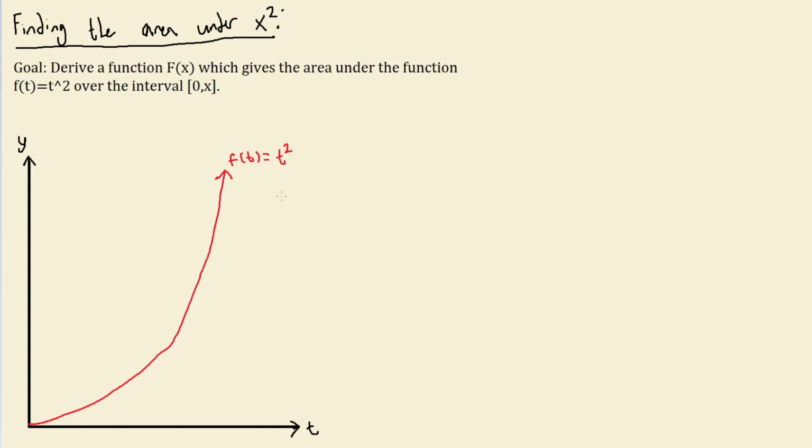In order to do this, I'm going to consider some general x value here as an input into this function. And what we want to do is find the area under this function, f of t is t squared, up until this point x on the x-axis, just as we previously highlighted. The way I'm going to do this is break this up into several different rectangles. So I'll just draw some lines here. It doesn't really matter how many I do.